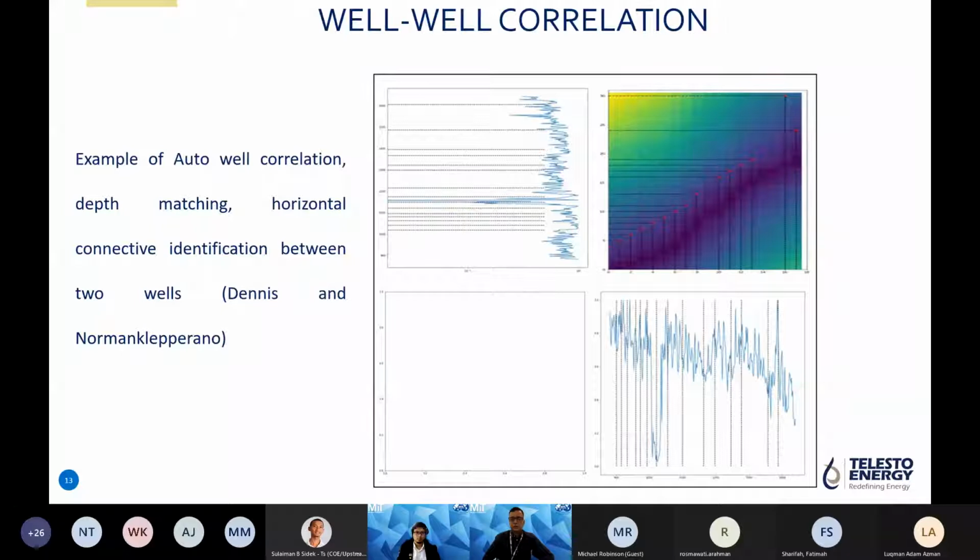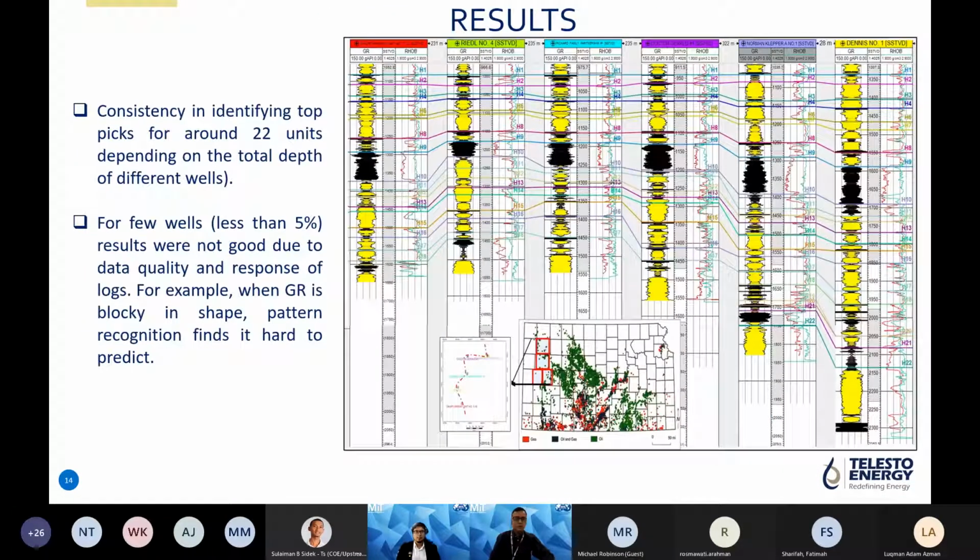So this picture will tell you how the peaks are matched between two different well log curves from different wells. And this is the extrapolation of this technique over a number of wells, and we have picked around 22 units.